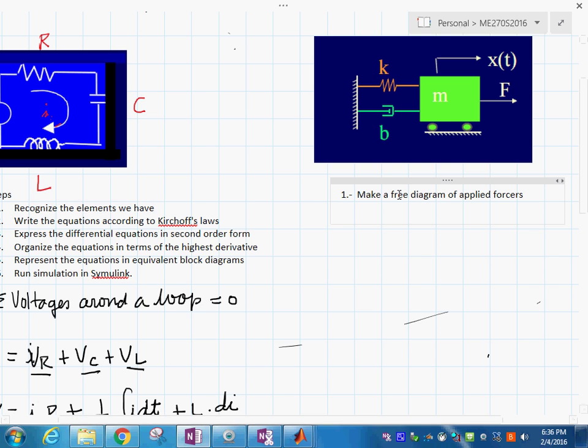Then step 2, apply Newton's law to the masses.